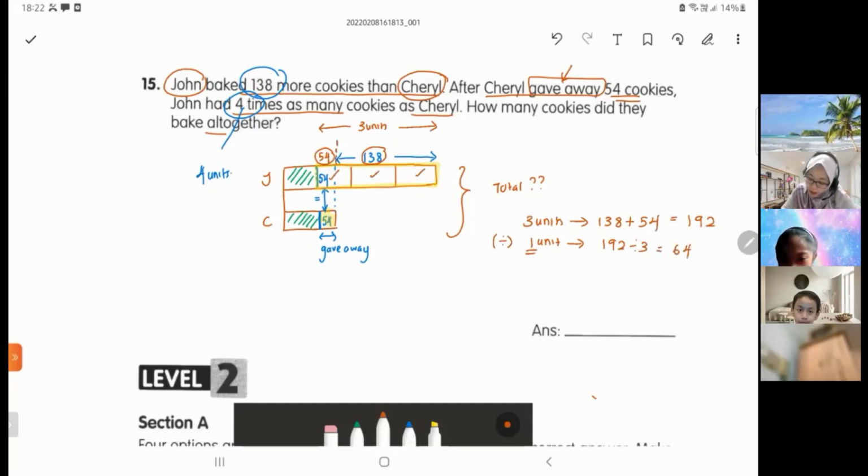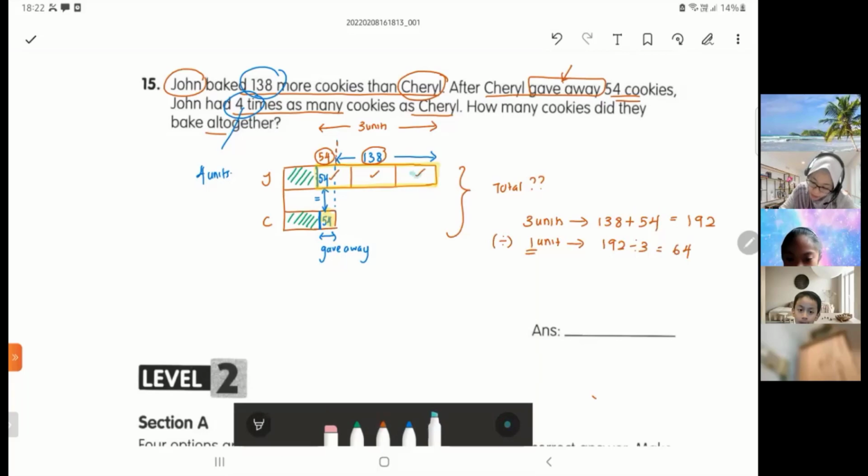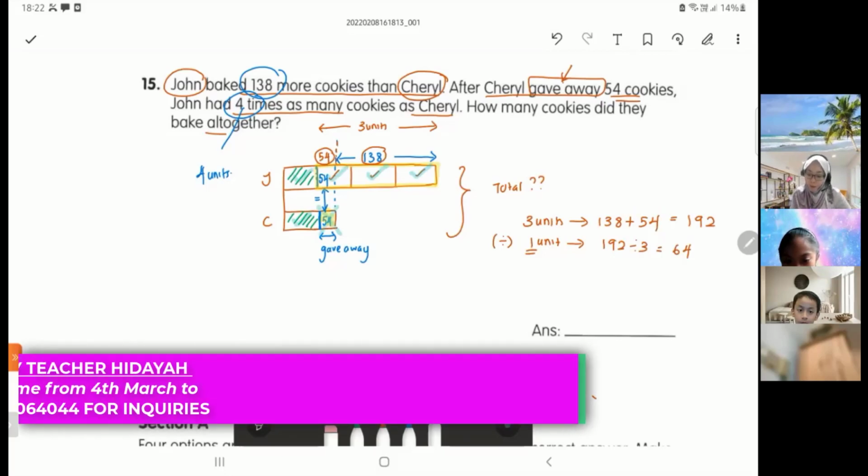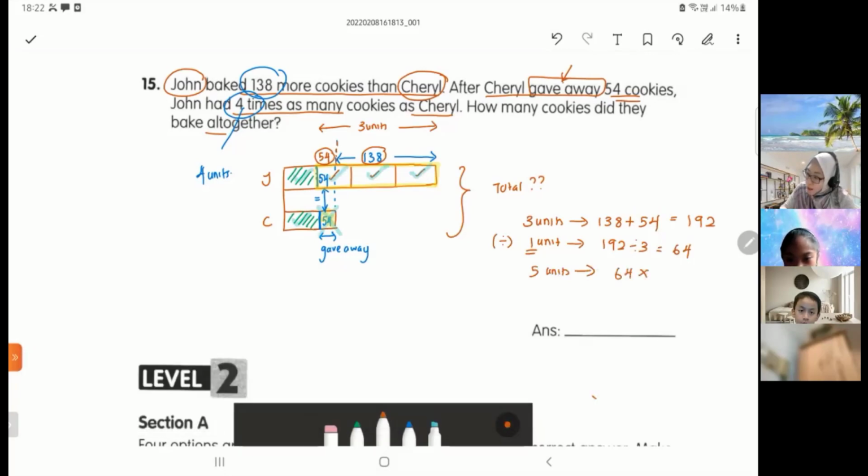How many cookies do they have in all? Let's count the total number of units. 1, 2, 3, 4, 5. This one gave away already, so no more. Okay, so I want to know 5 units is 64 times 5 equals 320. Now, remember she gave away this one. So now you add back, because at first I want to go back all the way to before she gave away.